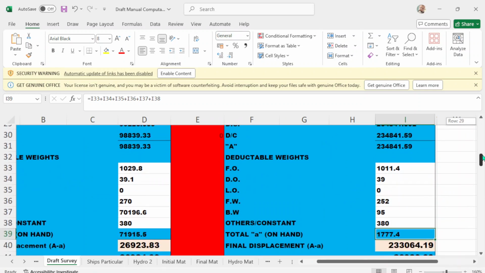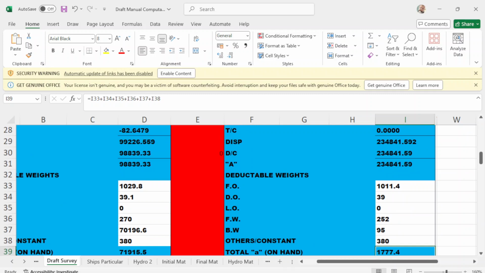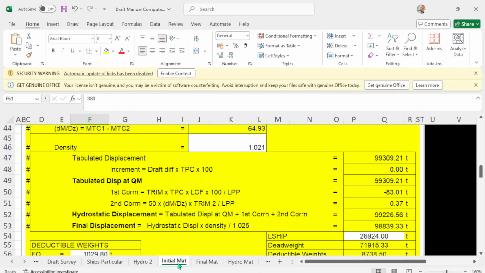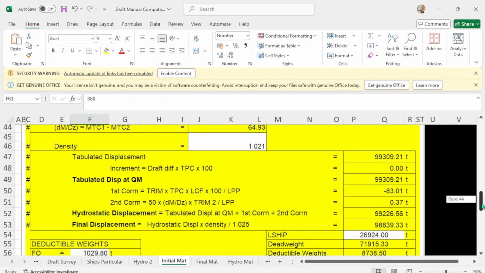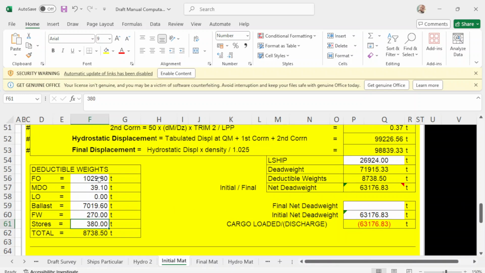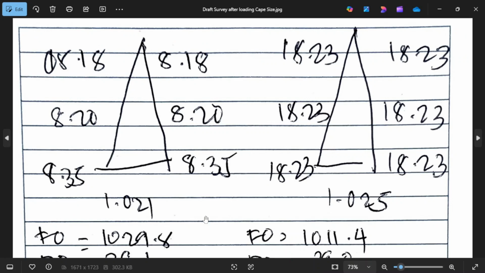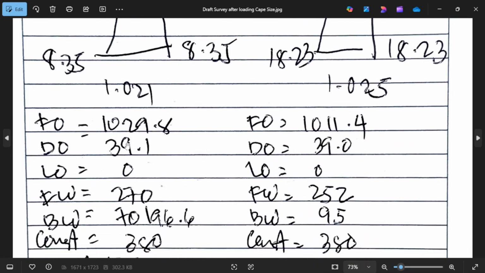Correct. So we'll just use the initial. Again, maybe there's something wrong with this one. Go up. 10,298.